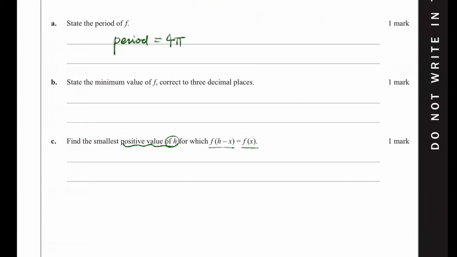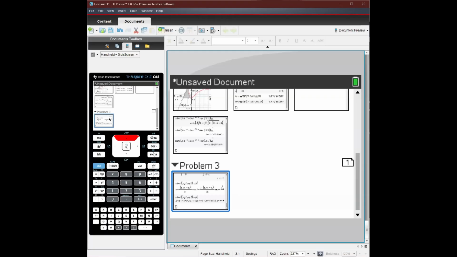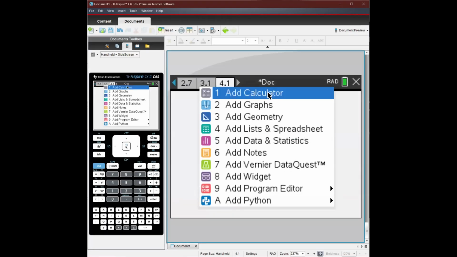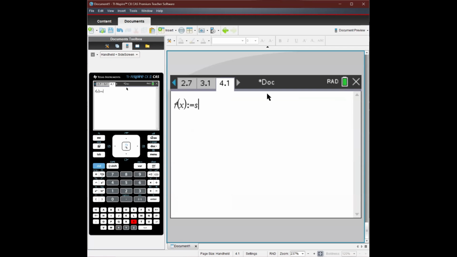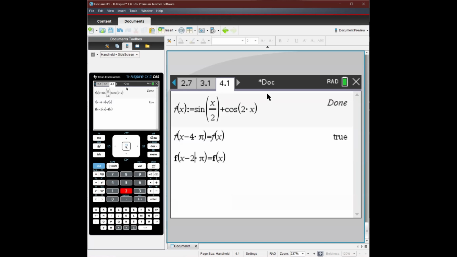Okay, so let's define this function. And yep, that's true. If it's 2 pi, it's not true, okay? So the smallest period is 4 pi.